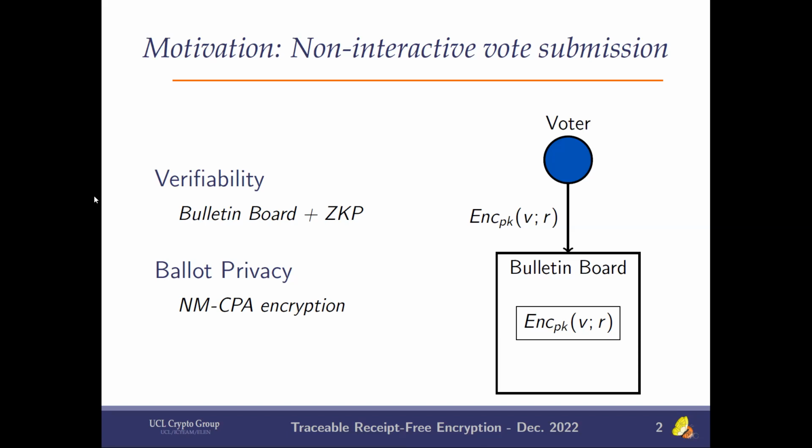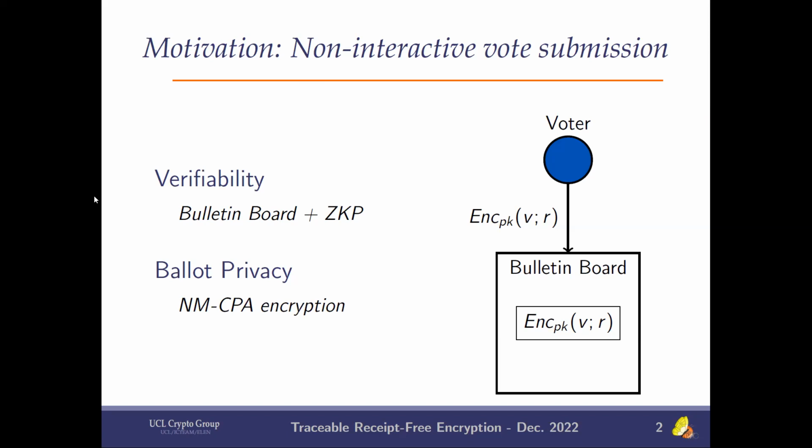When we design such systems, we usually have a public voting board on which people can post publicly. The messages they post are usually the encryption of their vote. And to build the system, we want some security properties. For electronic voting, the two main properties are verifiability and ballot privacy.